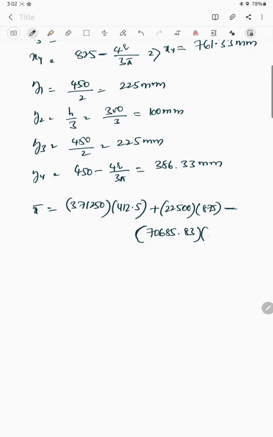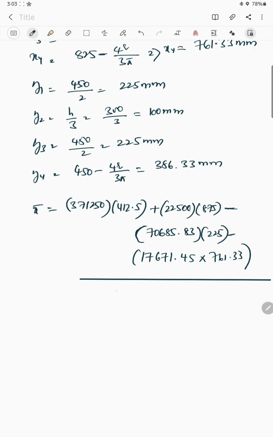70685.83 into a3, which is 225, then minus we have 17671.45 into 761.33, whole divided by a1: 371250 plus 22500 minus 70685.83 minus 17671.45.